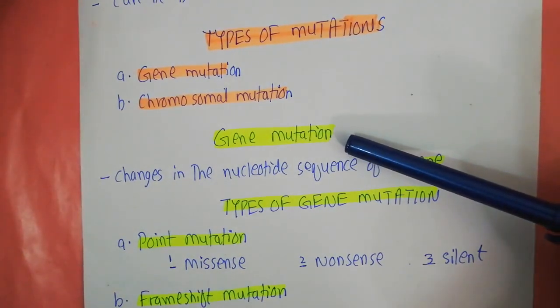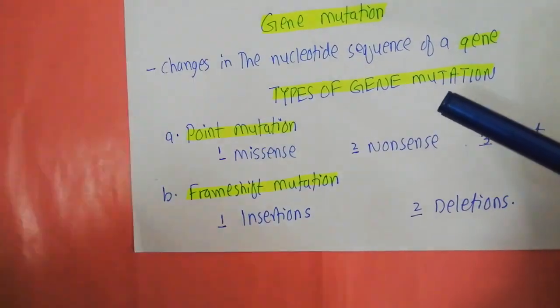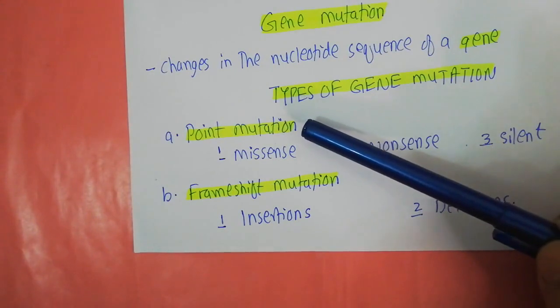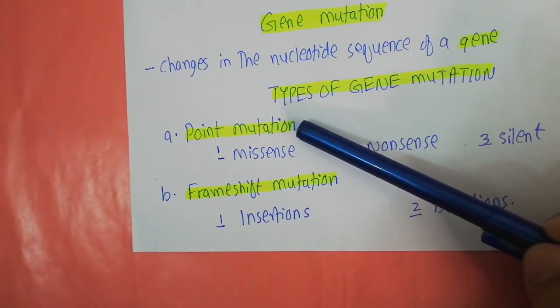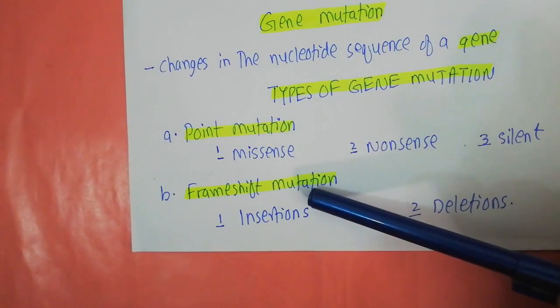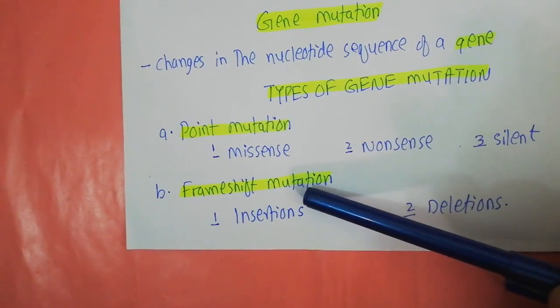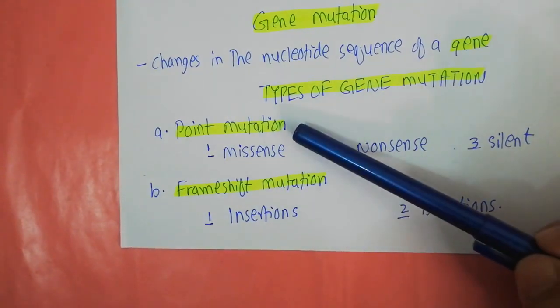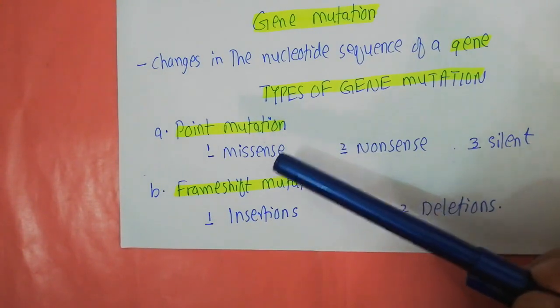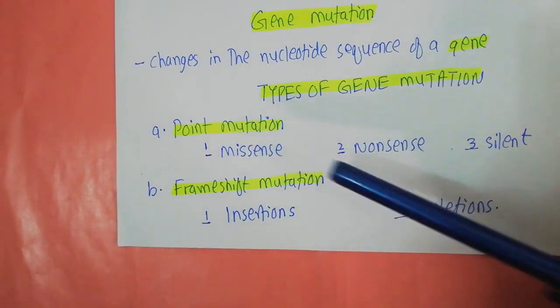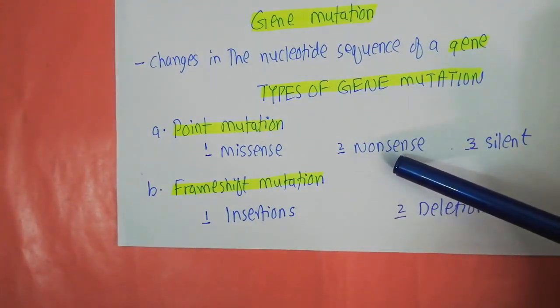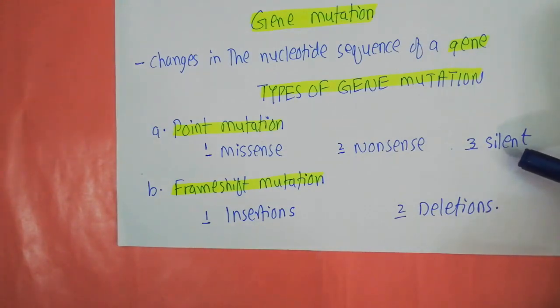If you talk about the types of gene mutations, there are broadly two types. One kind is the point mutations, and the other is the frameshift mutations. The point mutation again has three types: the missense mutation, the nonsense mutation, and the silent mutation.